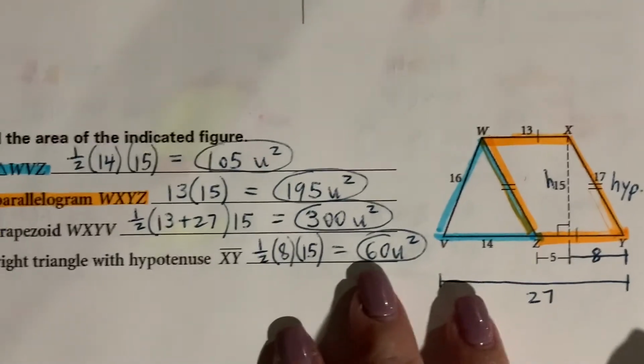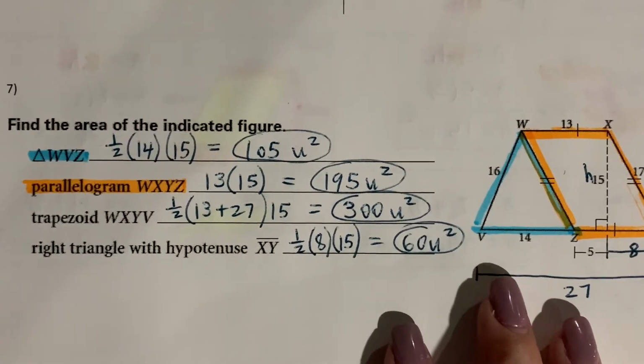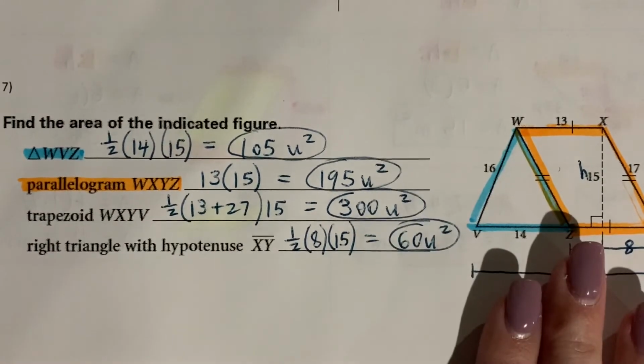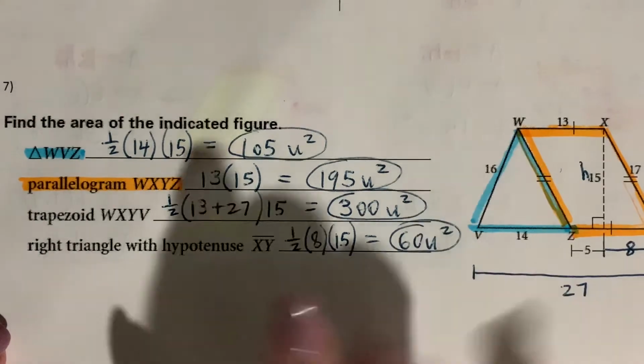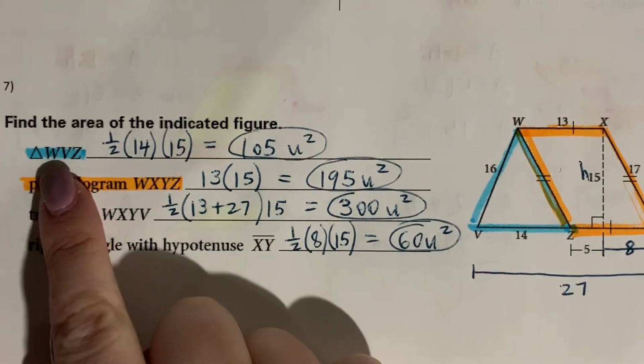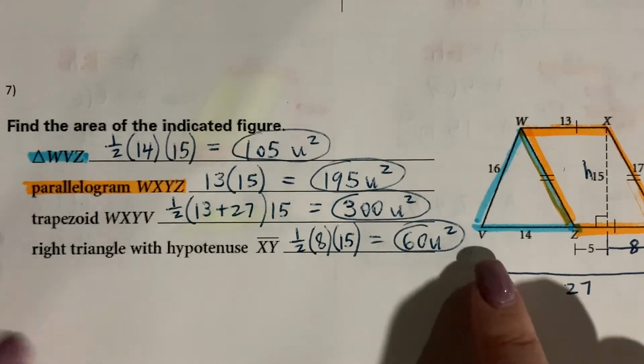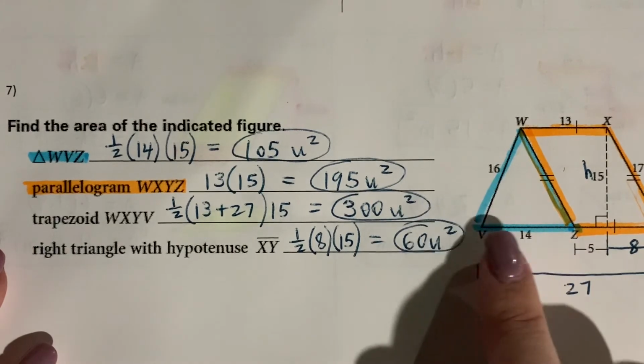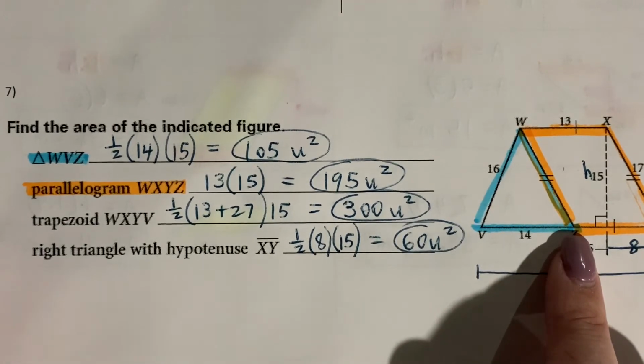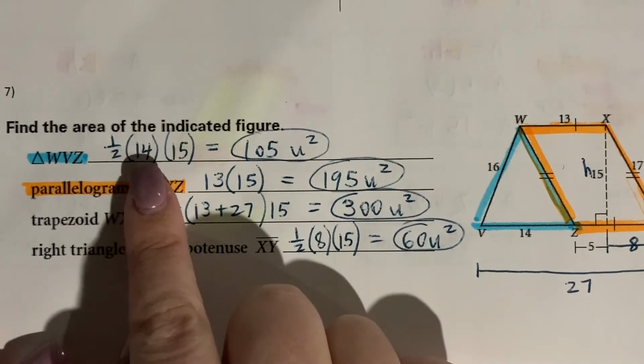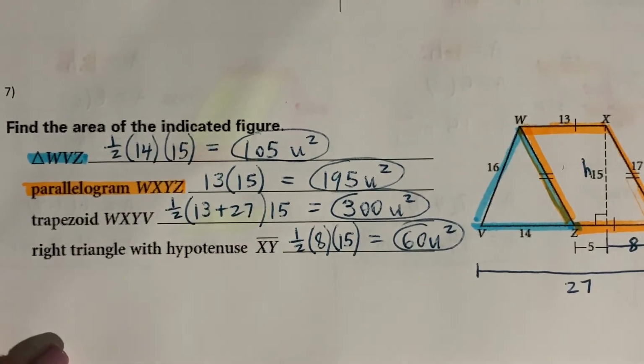For number 7, let's break it up, and I tried to use some color here because this figure was pretty complicated. First I was asked to find triangle WVZ, and so I highlighted that in purple. In order to find the area of a triangle, our formula is 1/2 base times height, and we learned that in our notes.